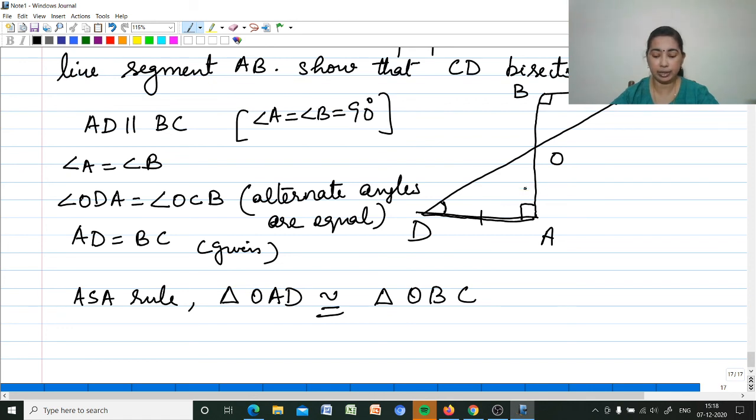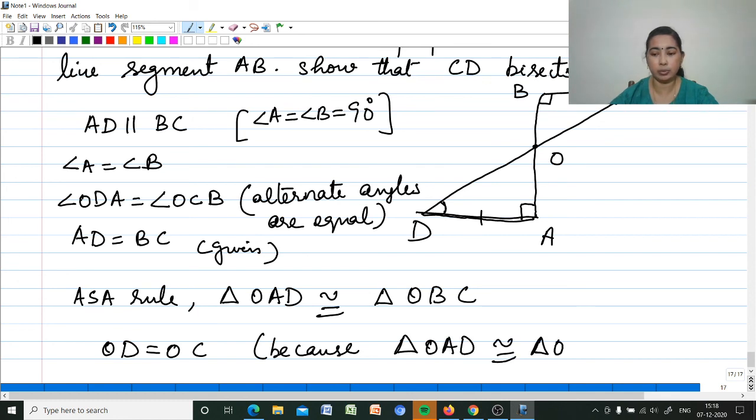Now we have to show that CD bisects AB. The line CD is bisecting AB. So how can we show that? This length OD will be equal to OC, because those two triangles are congruent, triangle OAD is congruent to triangle OBC.